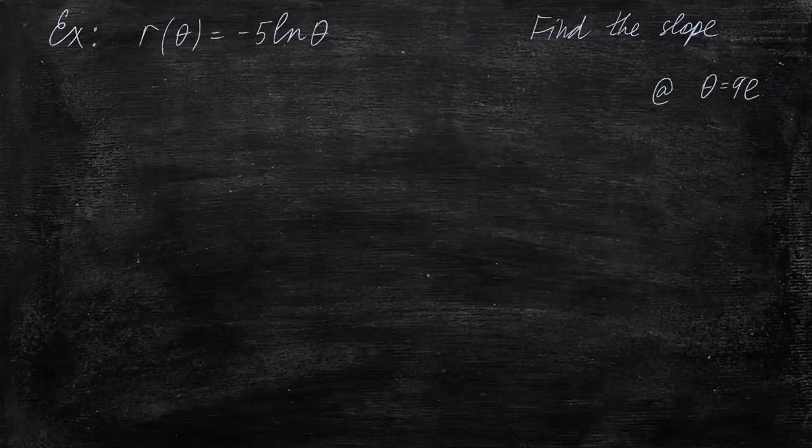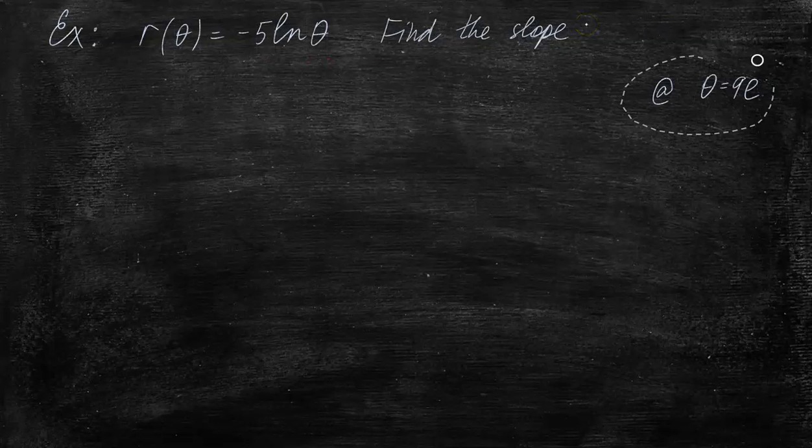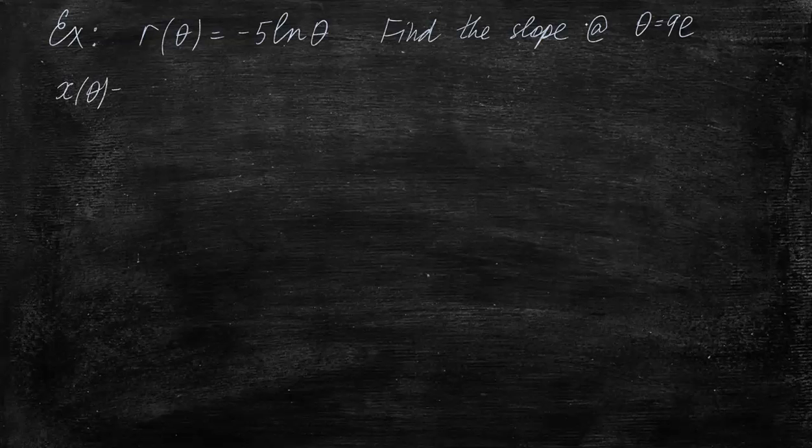We're going to do exactly the same approach as earlier. We're going to parameterize the curve, and then we're going to find the derivative. So x of theta is equal to r, which is negative 5 ln theta times cosine of theta.